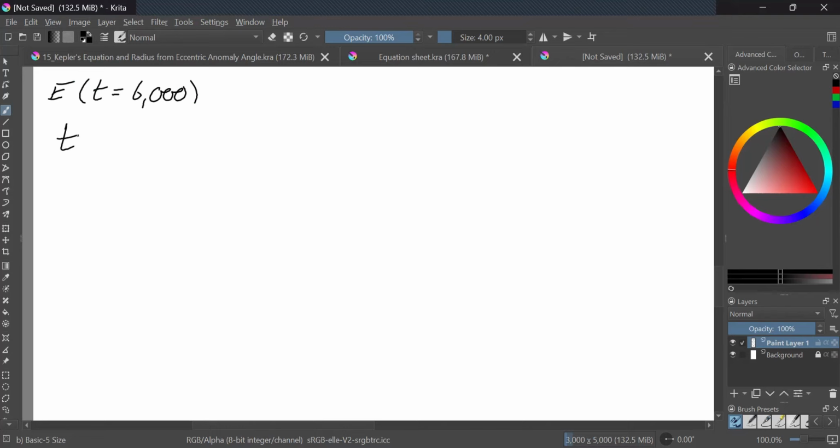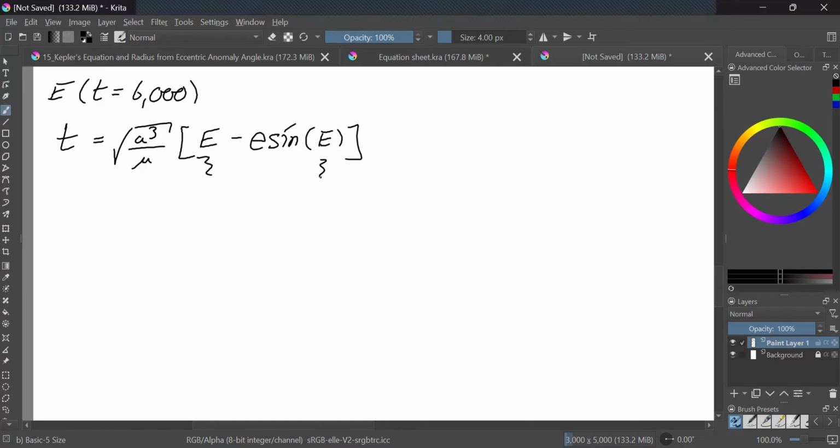So we rewrite our equation. A cubed by mu, eccentric anomaly angle minus eccentricity times the sine of the eccentric anomaly angle. This is going to be a very short bonus example because this is about where it stops, at least for this portion.